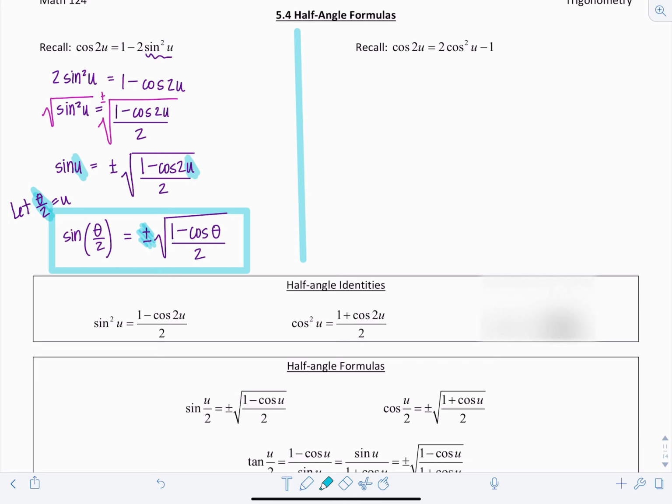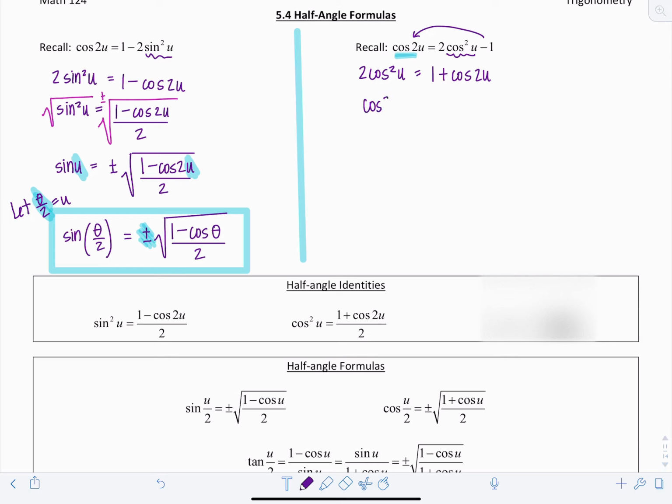Okay, now let's see how we get the other half-angle identity for cosine. Well, we're going to use the other version of our cosine double angle identity. And again, I want to solve for cosine u. So I'm going to add the 1 over to the other side, and then I'm just going to reverse my equation. So I'm going to have 2 cosine squared u equals 1 plus cosine 2u. And then same as last time, we're going to divide everything by 2.